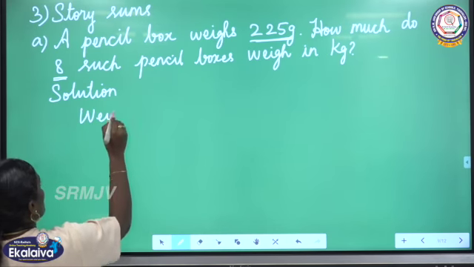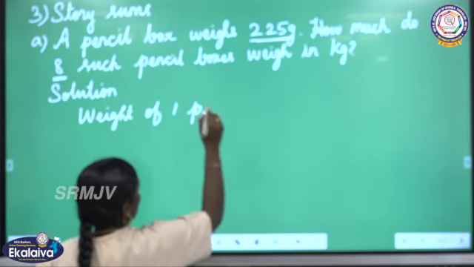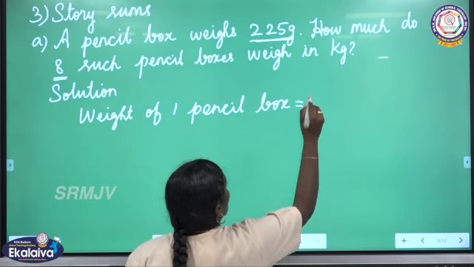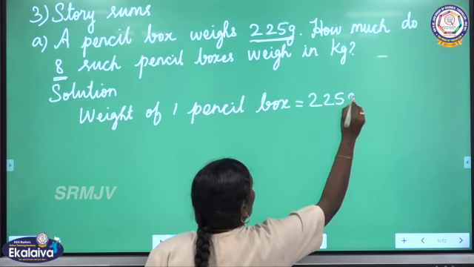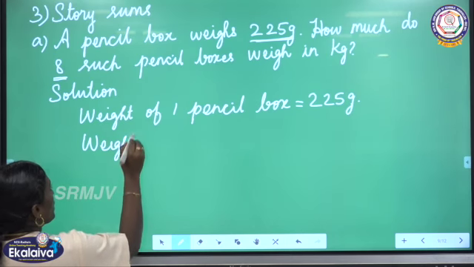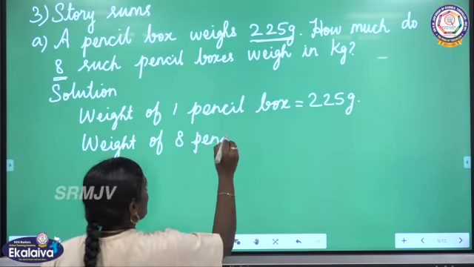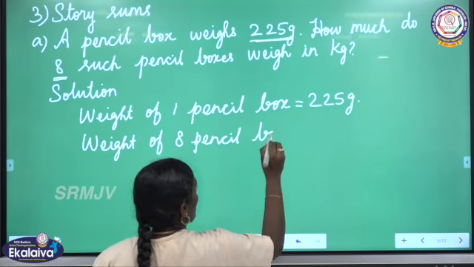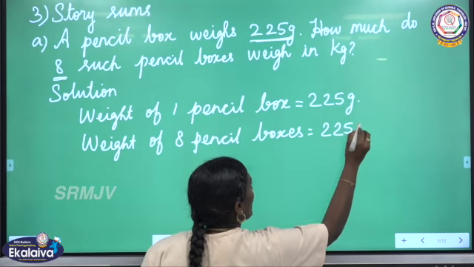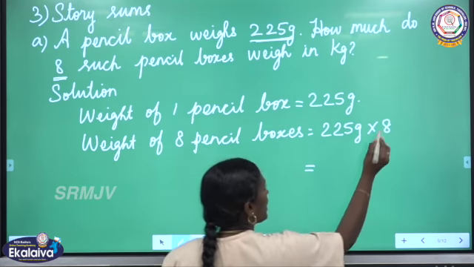Weight of one pencil box is equal to 225 gram. From this we are going to find out the weight of 8 pencil boxes, which is equal to 225 gram into 8. Now we have to find the product.